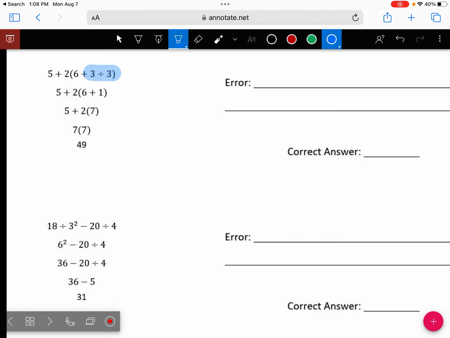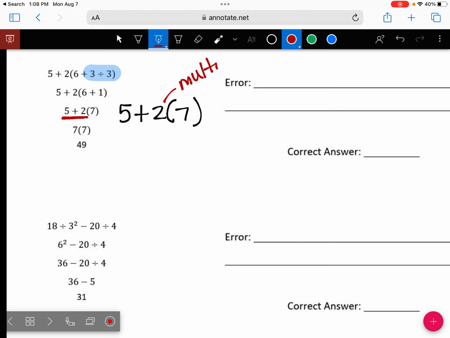So it looks like the mistake came here. Because what they did was they added next. And added is not the next operation. So there is 5 plus 2 times 7, which is multiplication. And we have addition. But what operation should we do first? Should we multiply first or add first? Multiply first.